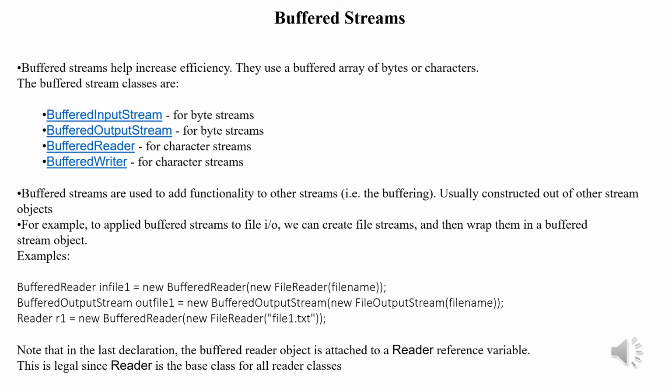Or in the next line, we first have created the file output stream, right? And then inserted this object of file output stream as an input argument for buffered output stream. And as you see in this line, we have created one object of this class and named it outfile1.